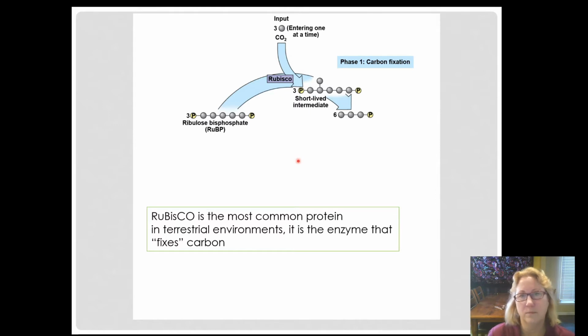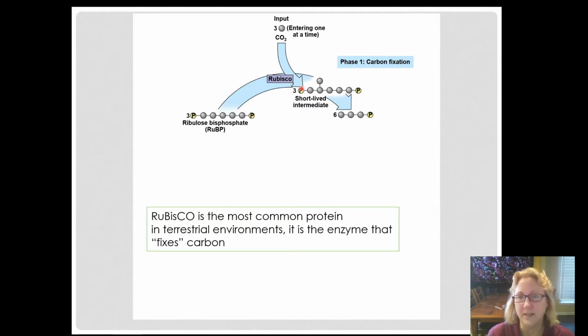Okay, so here's the important reaction in the Calvin cycle. We have our 5-carbon intermediate, a 5-carbon sugar, ribulose bisphosphate. There's a spelling rule here: instead of biphosphate, meaning 2 phosphates, we say bisphosphate. So RuBP is ribulose bisphosphate.